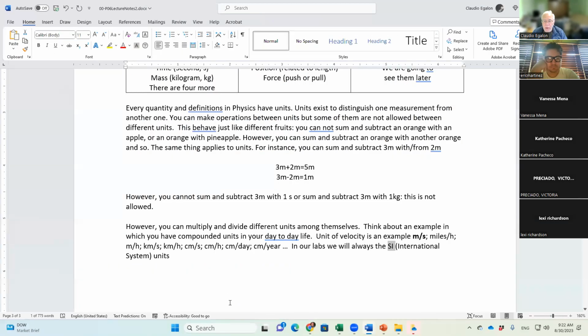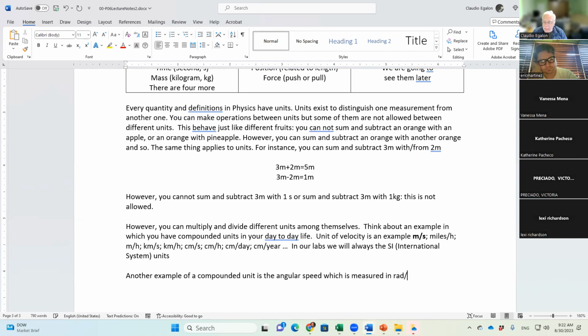Another example of a compounded unit is the angular speed, which is measured in radians per second.